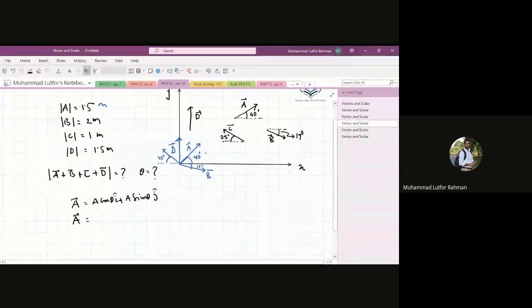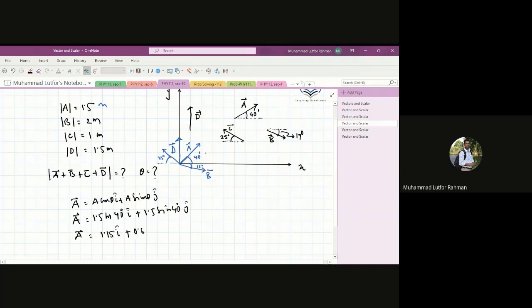If I put it in that way, 1.5 cos 40 degree i hat plus 1.5 sin 40 degree j hat, you will find that vector A would be 1.15 i hat plus 0.96 j hat. I split that vector A.